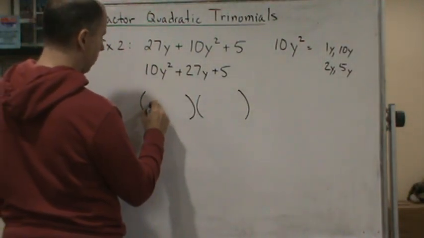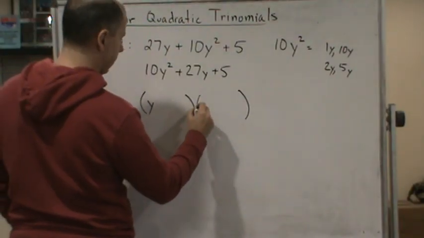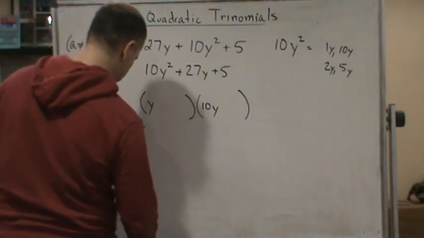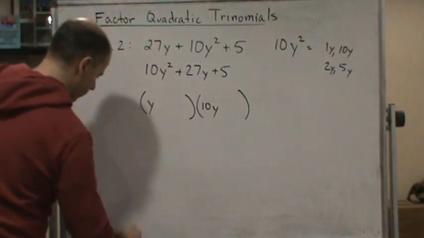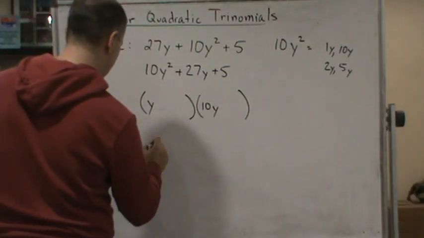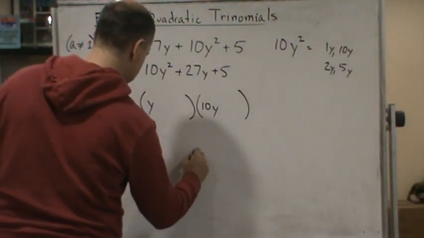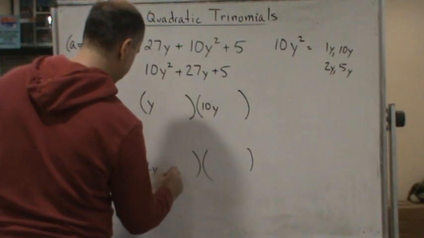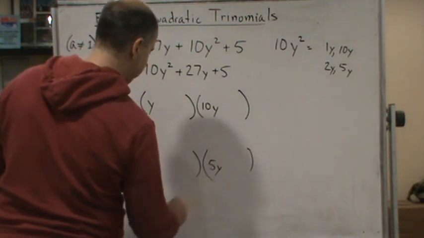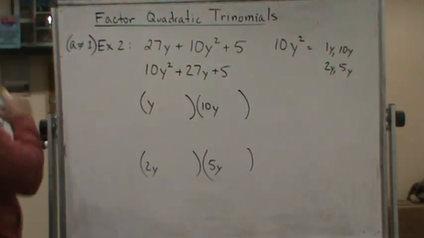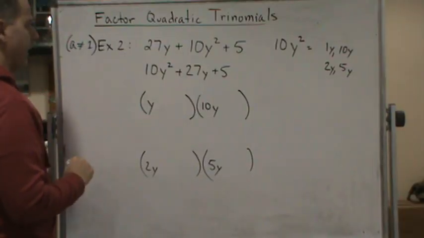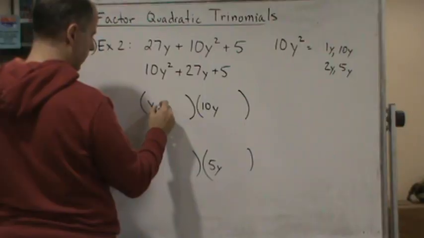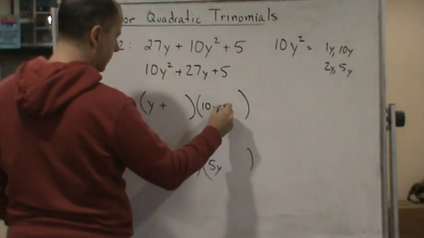So we'll get either y and 10y, or 2y and 5y. And since this is positive here, and this is positive, these are going to be pluses.